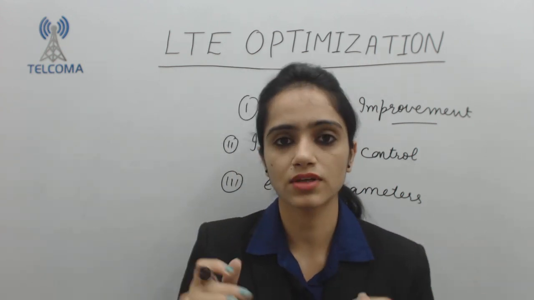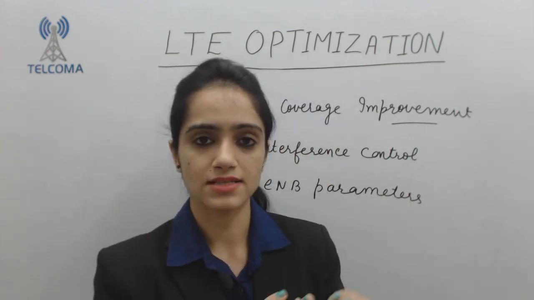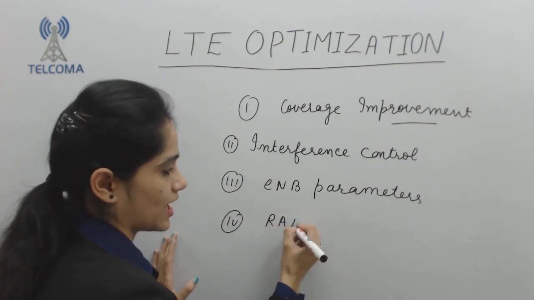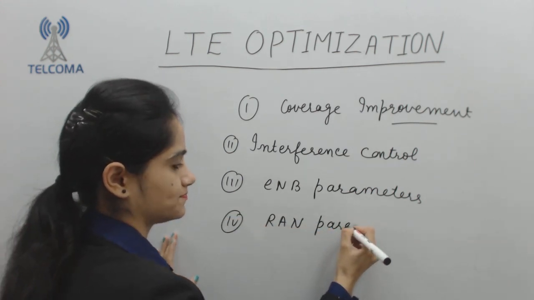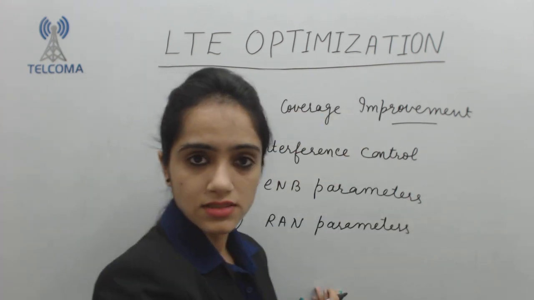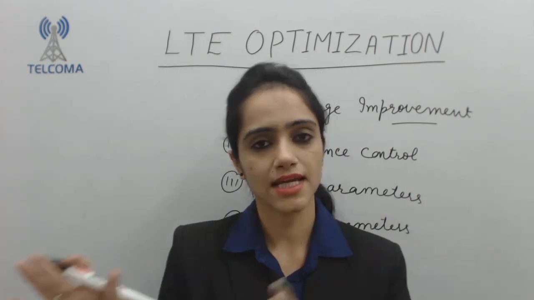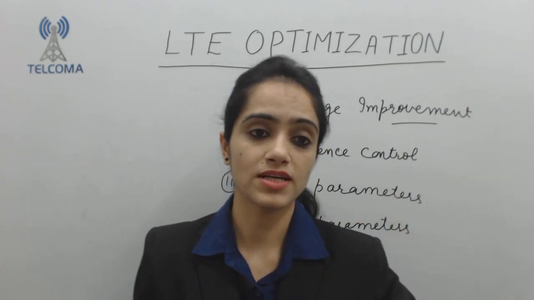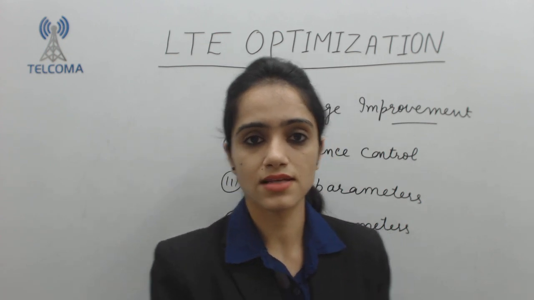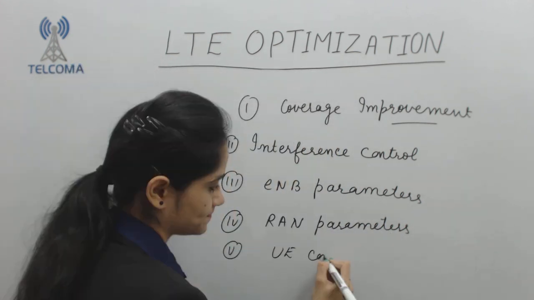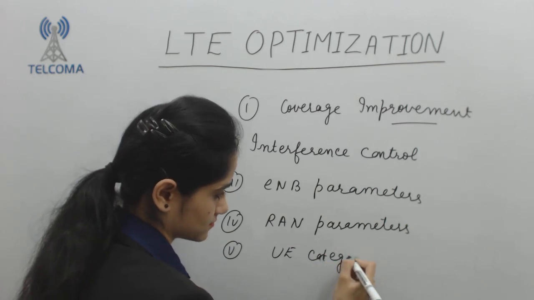We require to check the configuration, neighbor by neighbor, all radio access network parameters, all power parameters. What is the signal strength value there in the eNodeBs? How much power is the eNodeB radiating? What are the UE categories and configurations? UE stands for user equipment.